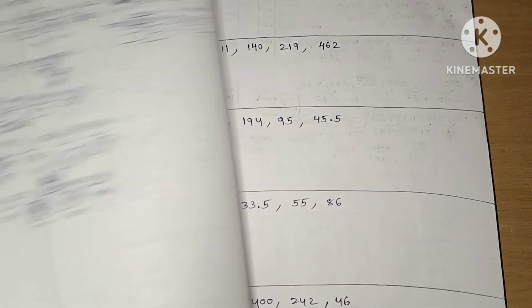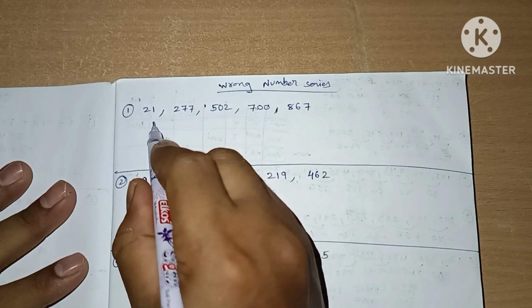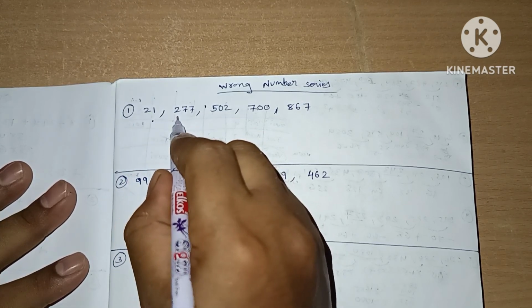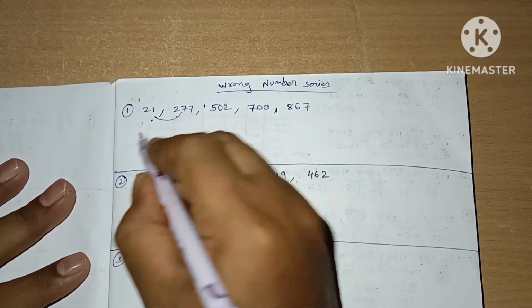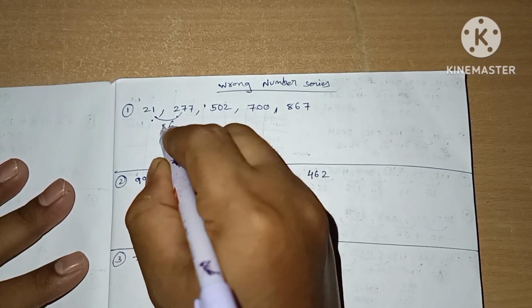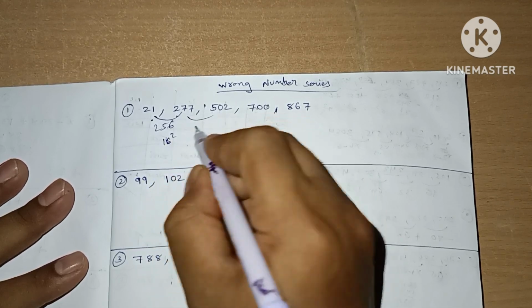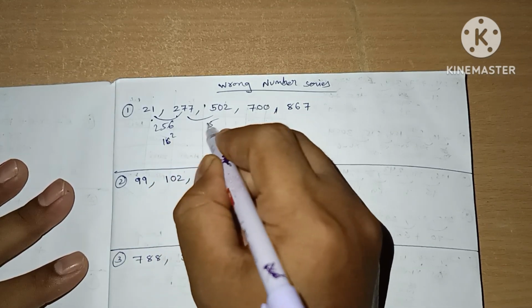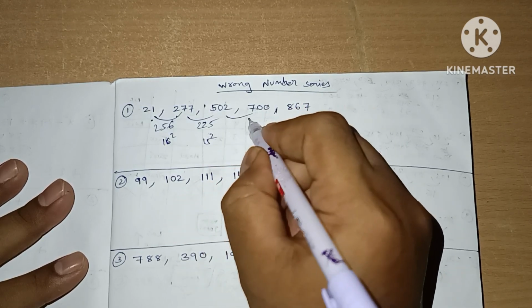Now we are going to solve wrong number series. First series. First number increased rapidly and then increasing slowly. So we'll go with the differences. Here the difference is 6, 5 and 2. It is a square, 16 square. Next here the difference is 5, 2 and 2. So it is 15 square. Let's see the difference here.